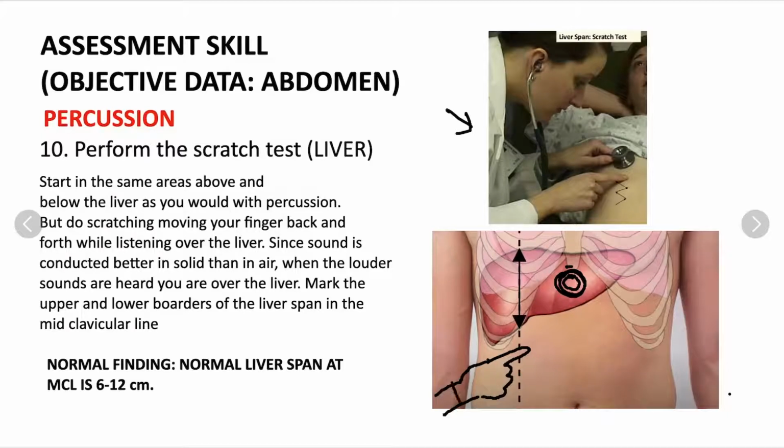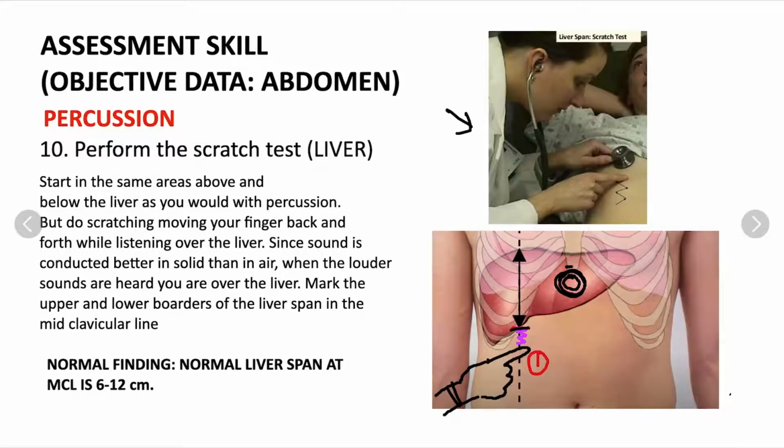So for example, this is the hand. On your position 1 where you start your percussion, you would be starting to scratch. You would be scratching here in a scratching motion, and then locate where the sound gets loud. When the sound gets loud through your auscultation, you mark that point where the sound has significantly increased.